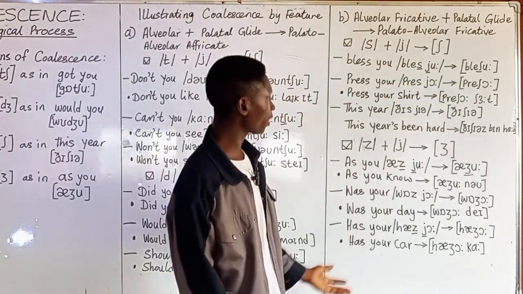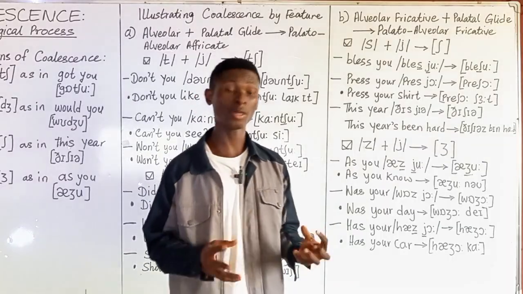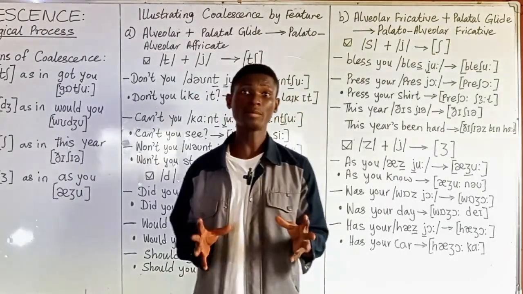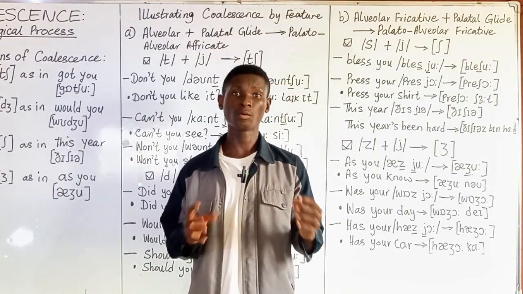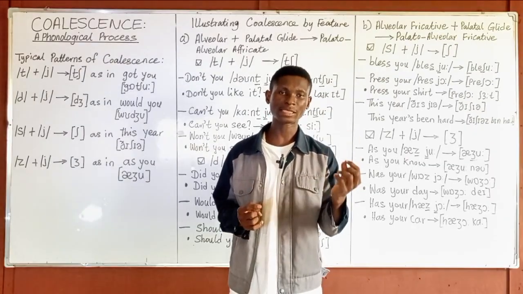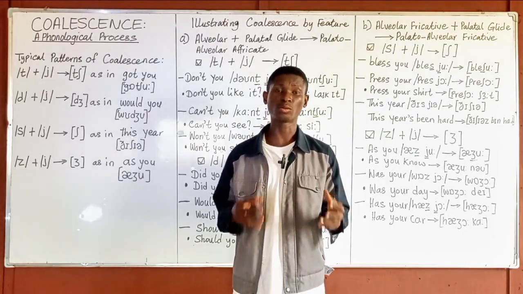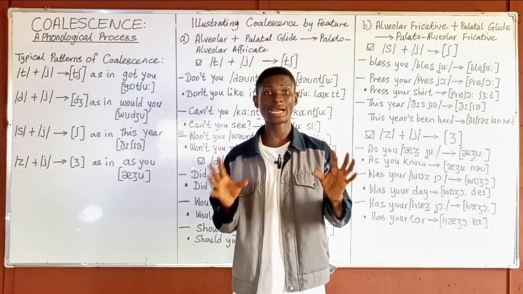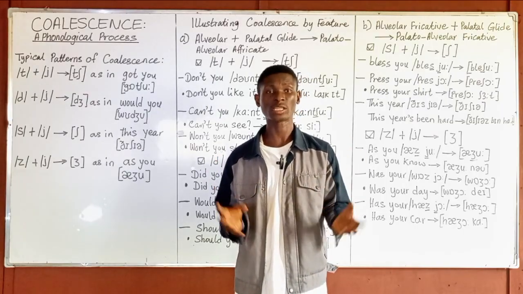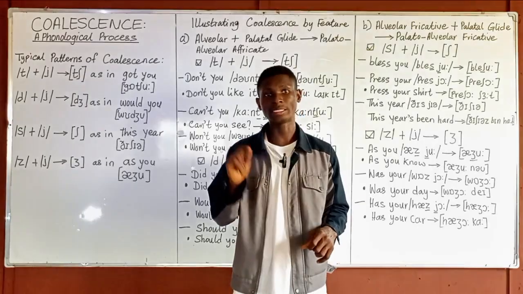All right, so this is a typical example of coalescence, which is a phonological process. We have so many phonological processes which are often heard in connected speech. If you articulate sounds independently, you are not going to realize this. But when you use sounds together in connected speech, there will be influence of one sound on the other.